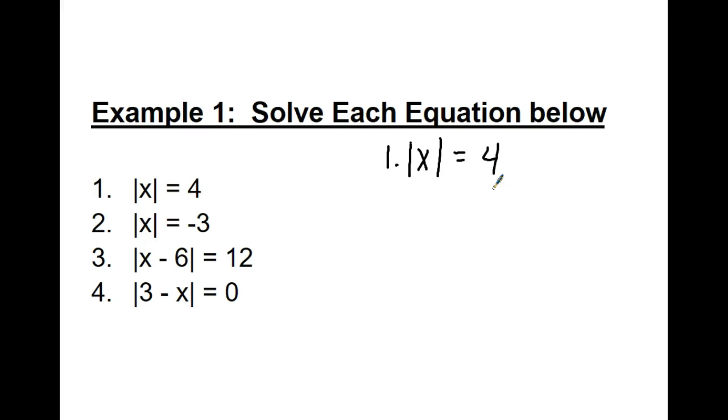So now the question to you then would be, what can X be? In other words, what can this be so that when I take the absolute value of it, I get 4? What's the answer? 4 and -4. You get 4, and you get -4. Okay? Now a short way to write that is like this, right?